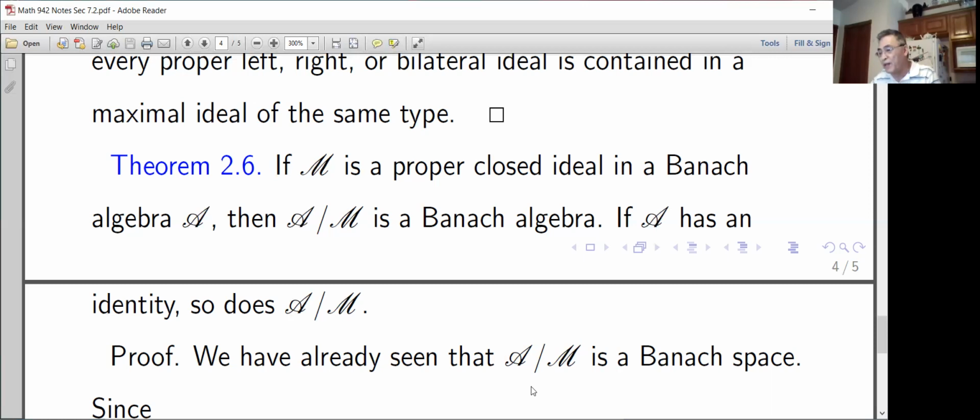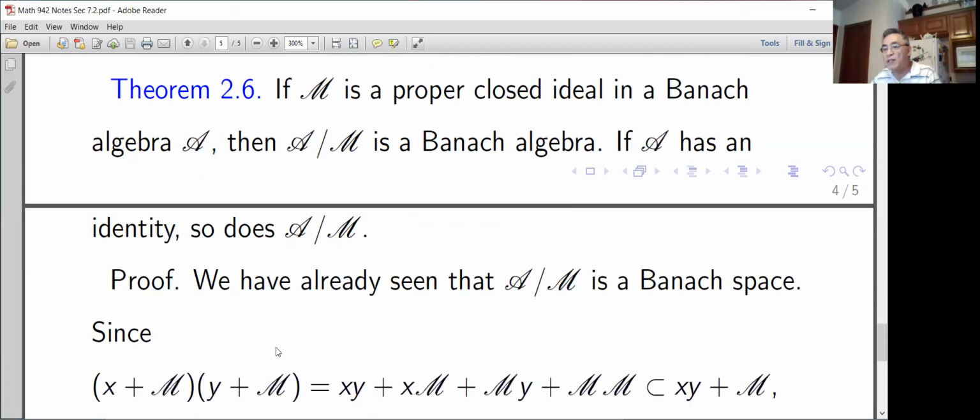So then we are going to see that the product is well defined. So the element of A over M is like X plus M. Okay. Suppose we have another one with Y plus M. So we want to multiply.